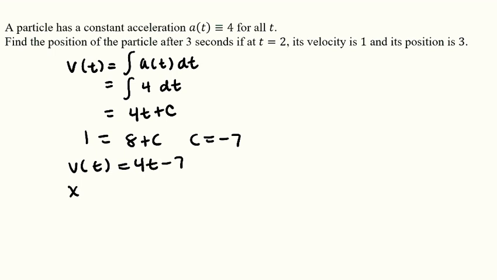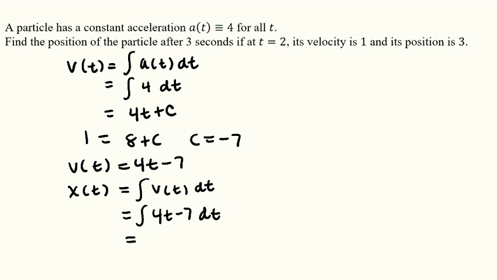Okay. v is the derivative of x, so x will be an antiderivative for velocity. And that's going to be 4, we're going to increase the power by 1. It'll be t squared divided by 2, so 2t squared minus 7t plus some other constant.